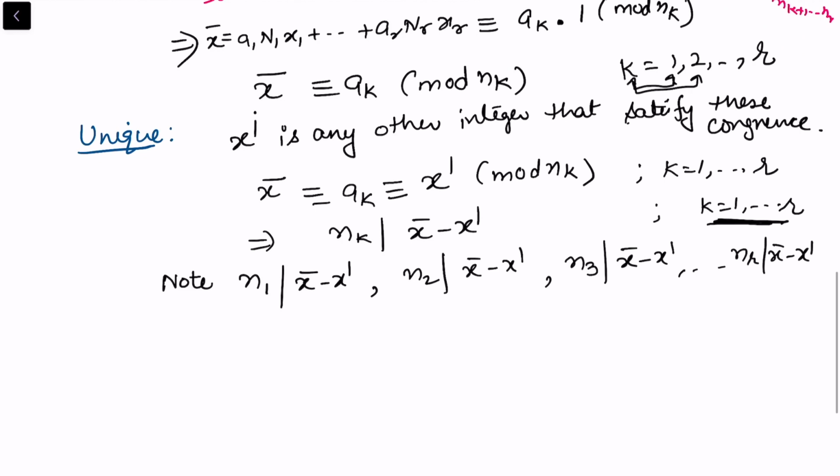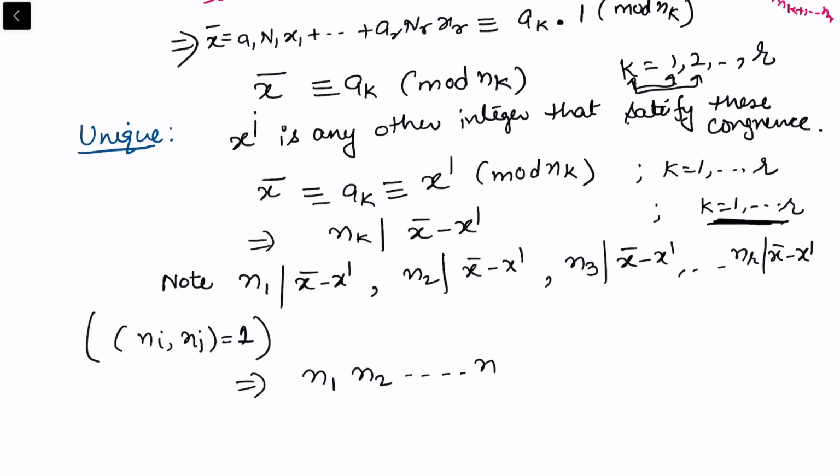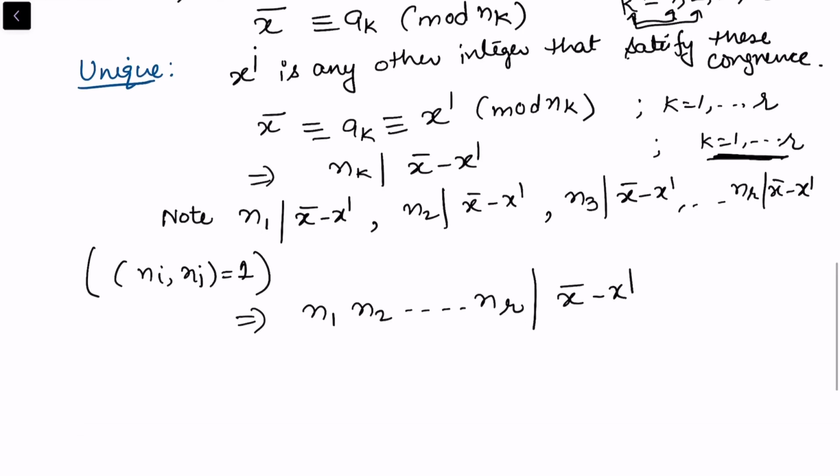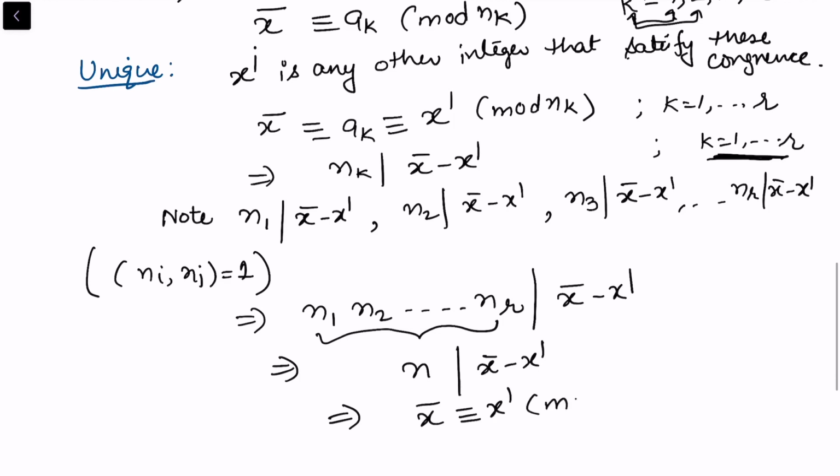And we notice that these ni, nj have GCD equal to 1, so they are relatively prime. So this implies that the product n1 n2 up till nr must divide x bar minus x dash, and the value of this product is n. So we say that x bar is congruent to x dash modulo n.